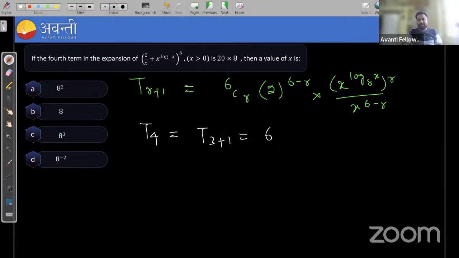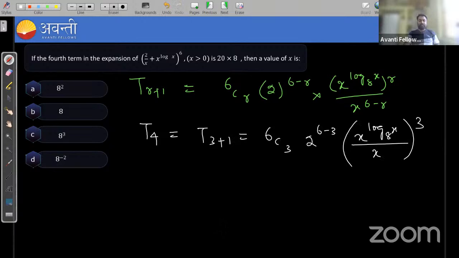So this becomes 6C3 into 2 to the power 6 minus 3 upon x to the power 6 minus 3, into (x to the power log of x to the base 8) whole to the power 3. So we can write this directly as well.